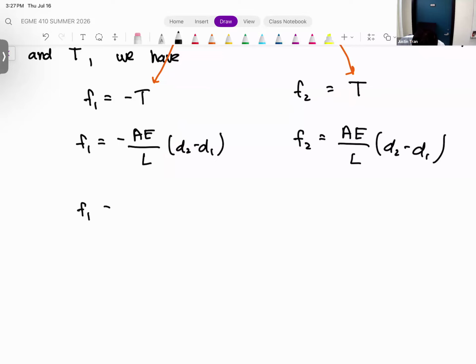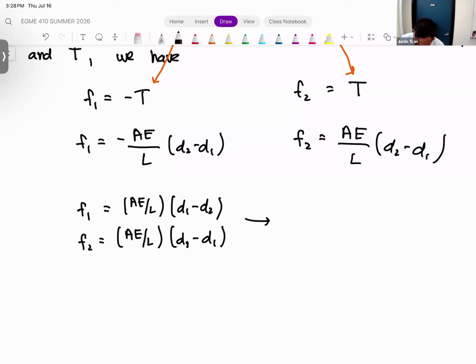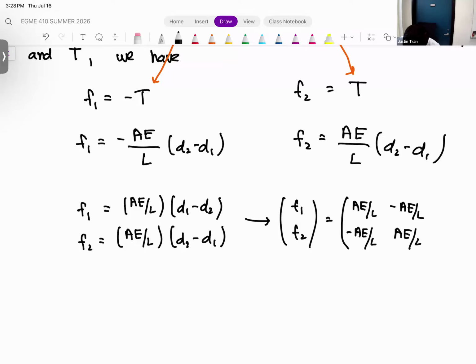Distributing the negative, we have F1 is equal to AE over L times D1 minus D2, and then F2 is equal to AE over L times D2 minus D1. Putting this in matrix form, we get the F1, F2 vector is equal to the matrix with AE over L, minus AE over L, minus AE over L, AE divided by L, times D1, D2.